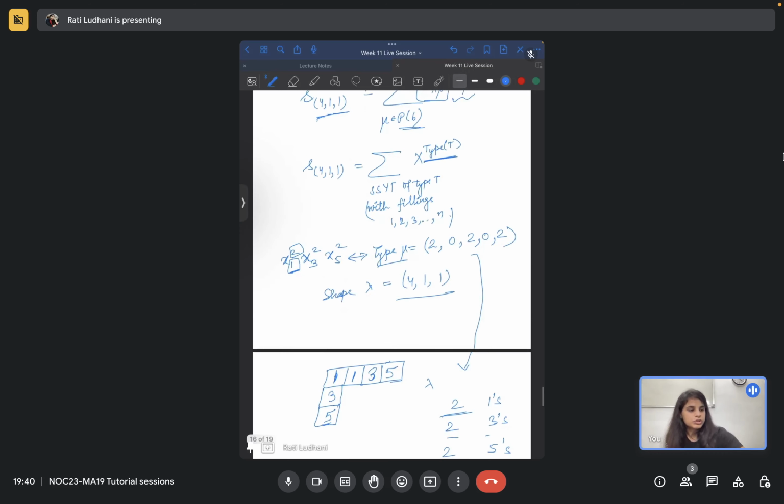Because corresponding to this type, how many numbers you will get with fillings, that you will write exactly here.